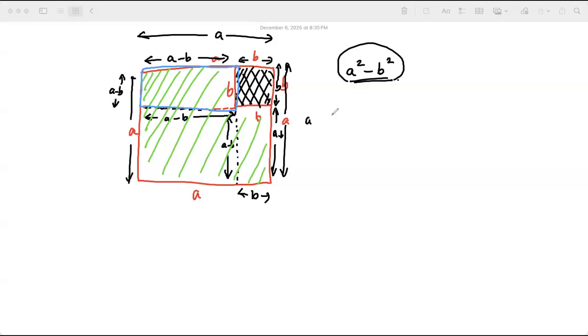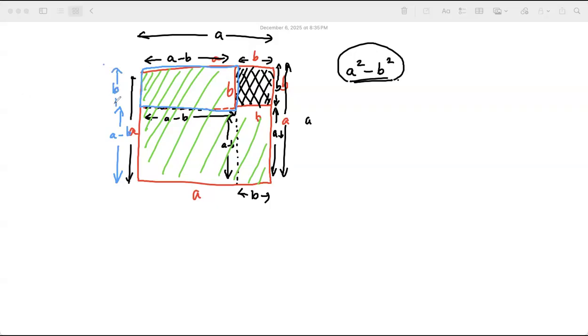One second guys, this one is not A minus B, this is A minus B. Because the entire thing is A, and this is B, so this is A minus B, correct? This side I have written correctly.